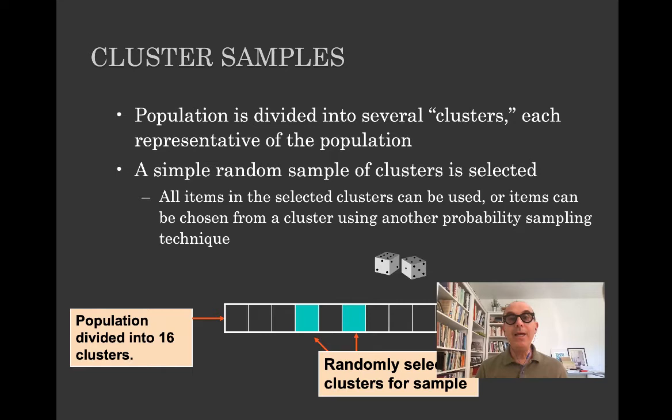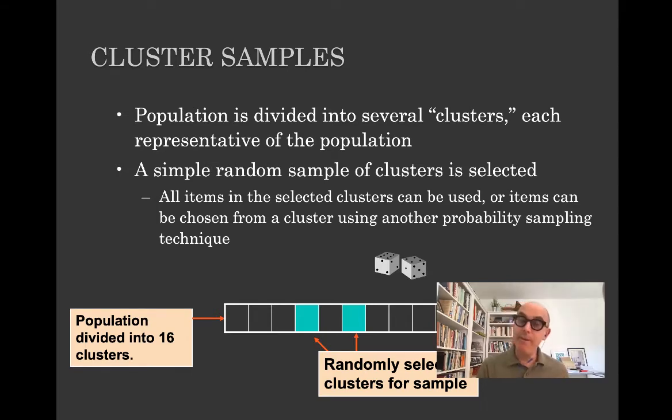Cluster sample is the same idea, but a different way of organizing or sorting the data. It is based on clusters, each representing the population, and a simple random sample of clusters is selected in order for us to have a good representation of the entire population.